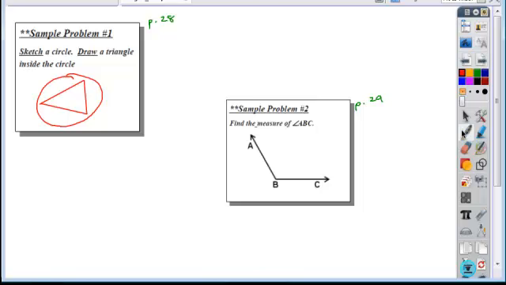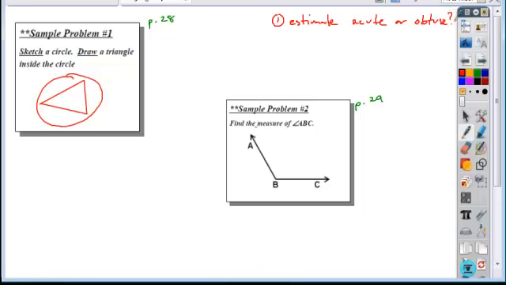All right, as far as finding the angle measure here, ABC, a few things to keep in mind. First, anytime you're doing a protractor or measurement of an angle problem, estimate: is it acute or obtuse?